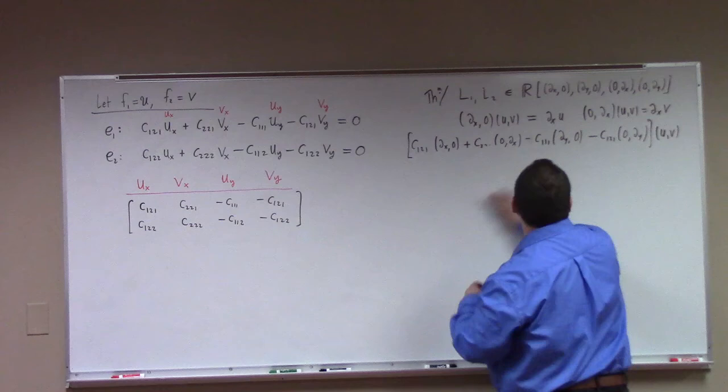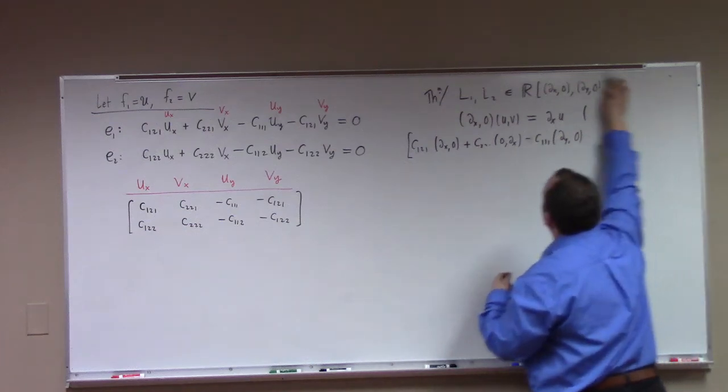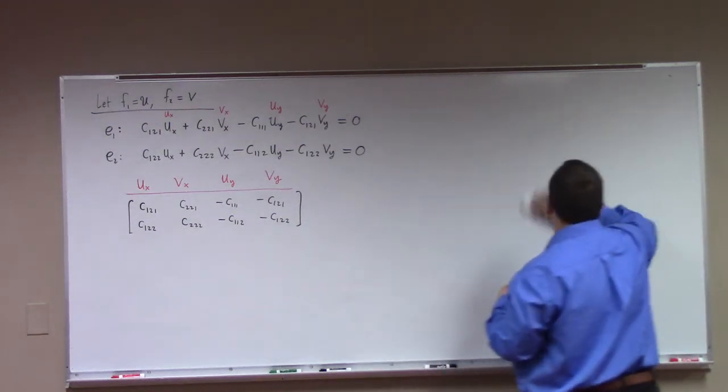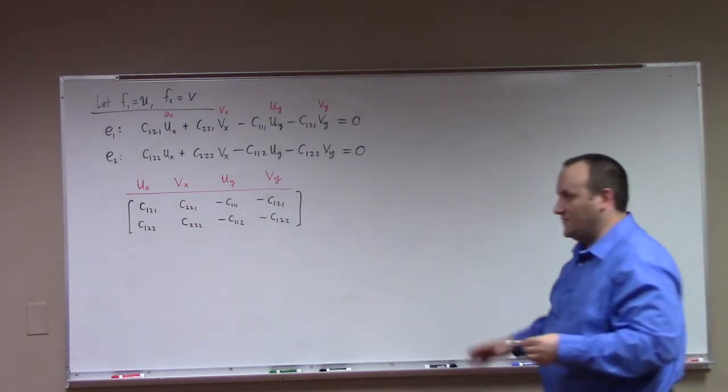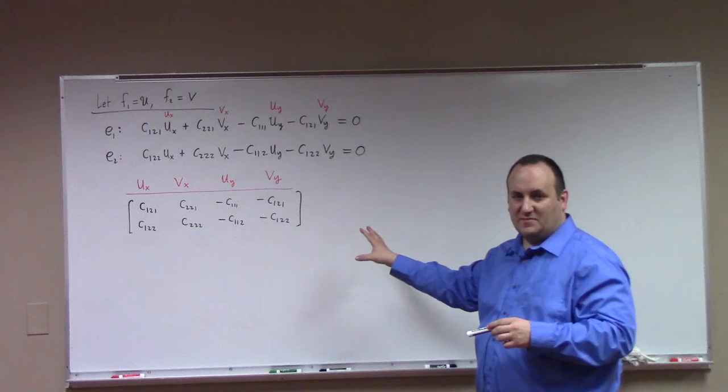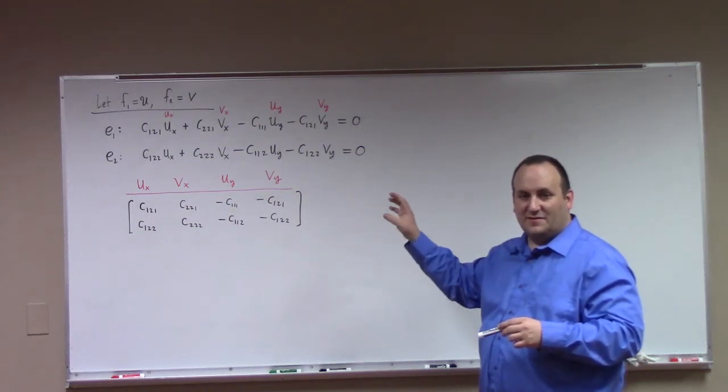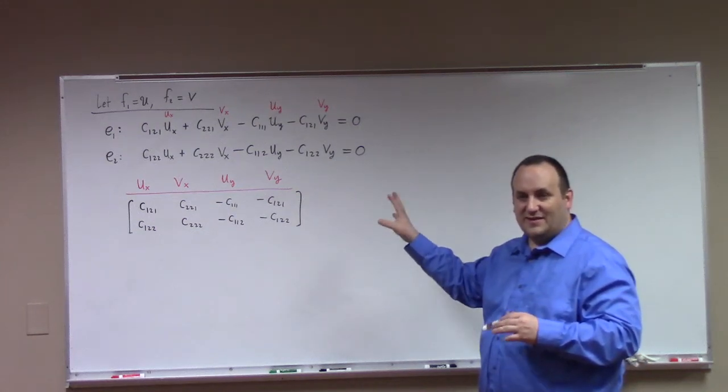All right. So what would you do next if you were trying to simplify this system, 2 equations, 4 unknowns? What condition would you look at?